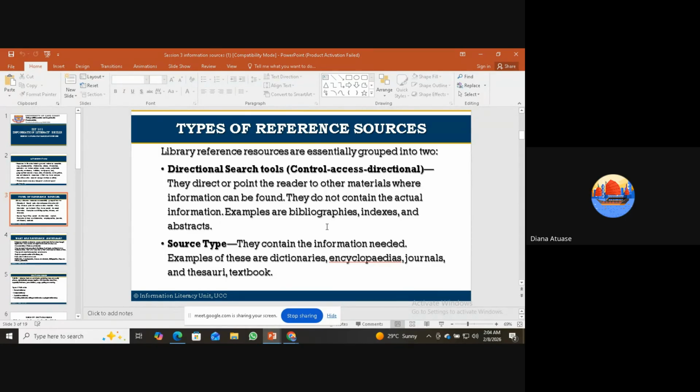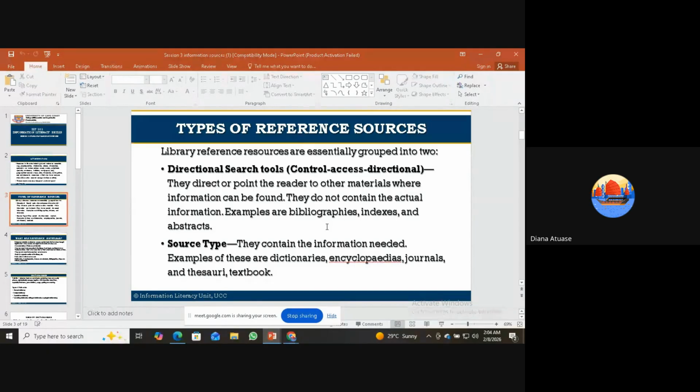It contains all publications that are written by authors. You can find the name of the author, the title of the book or the material that the person has written on, and the year. Apart from that, you will not find any information in it. So you use that to look for the actual information that you need.